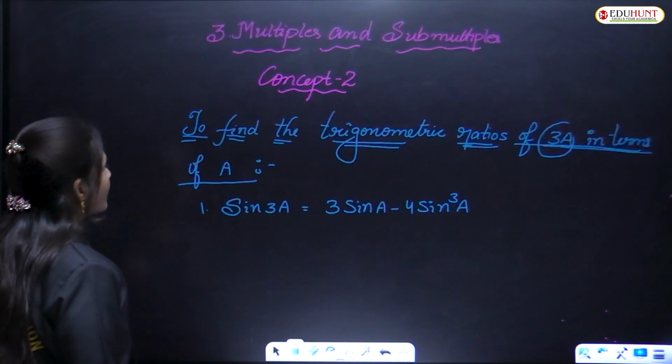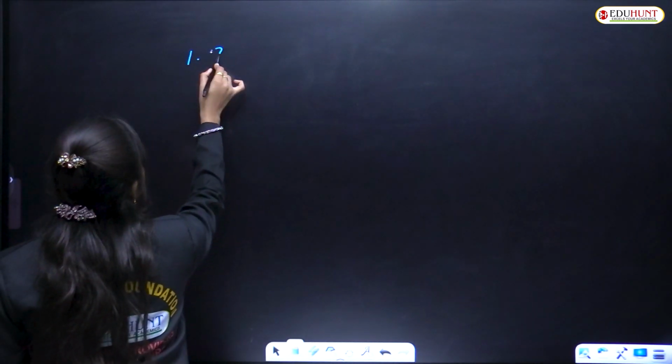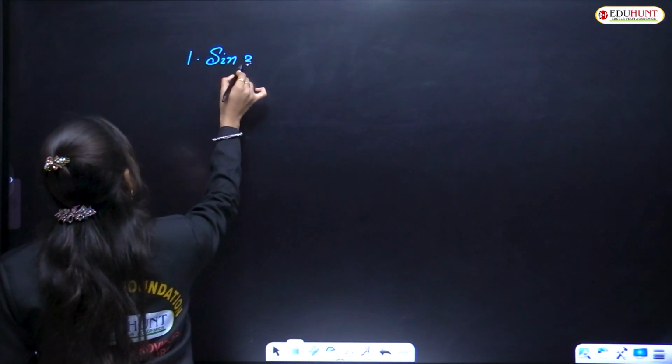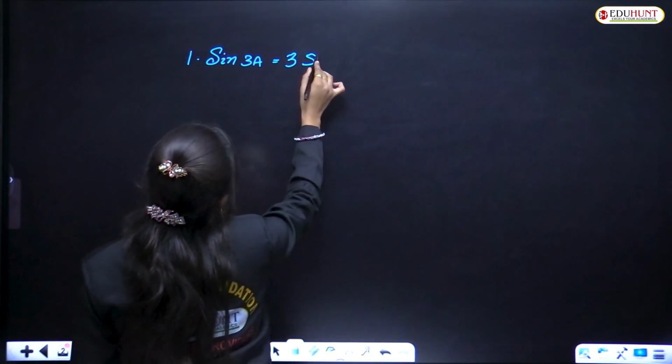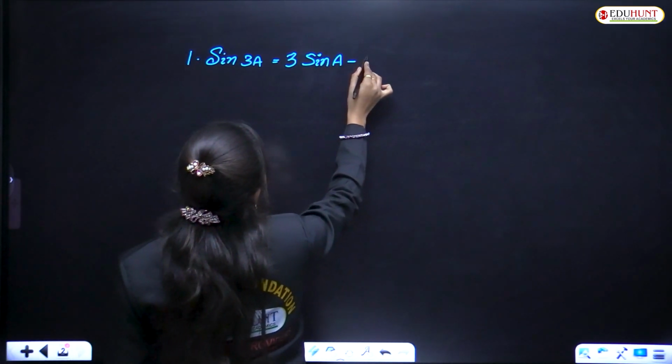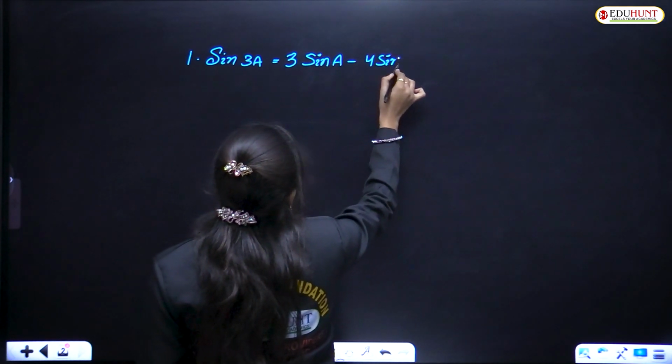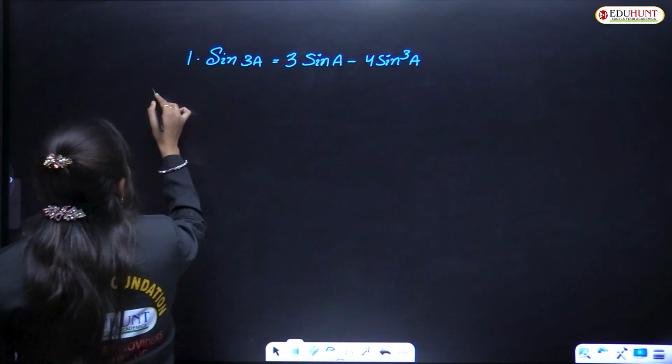Proof: sin 3A is equal to 3 sin A minus 4 sin cube A. Let us see the proof.